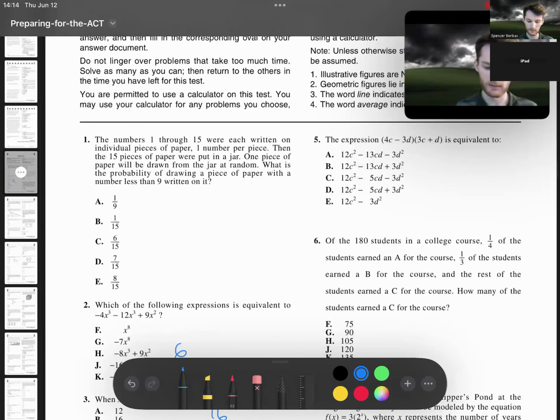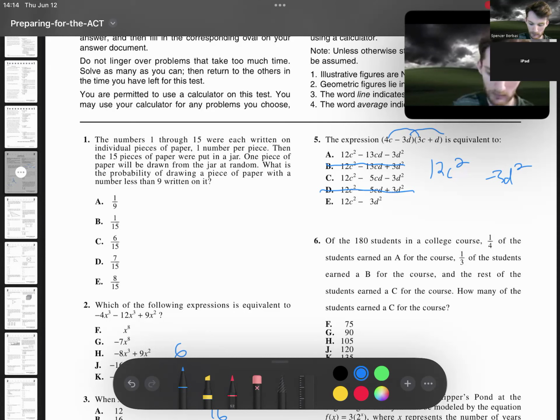All right. The expression, oh boy. Okay. So it's going to have for here at least the term 12c squared. That's all the answers. Over here, we'll end with a -3d squared, which excludes that and that.